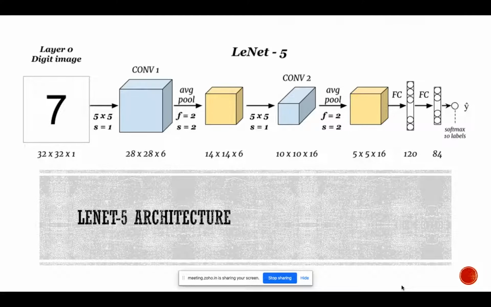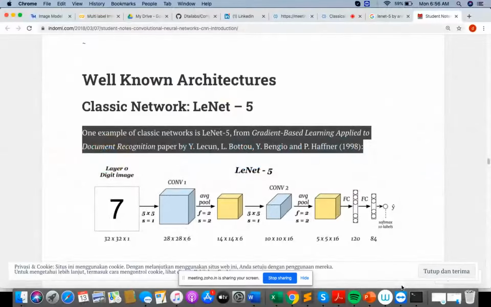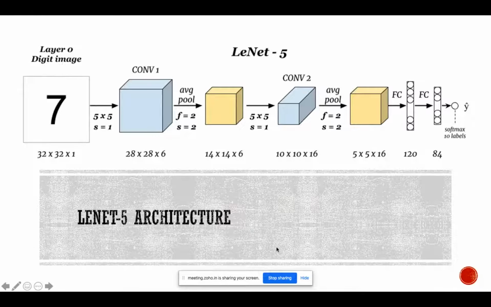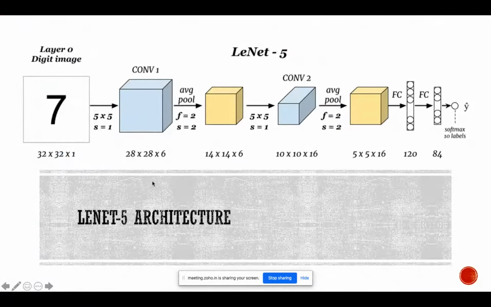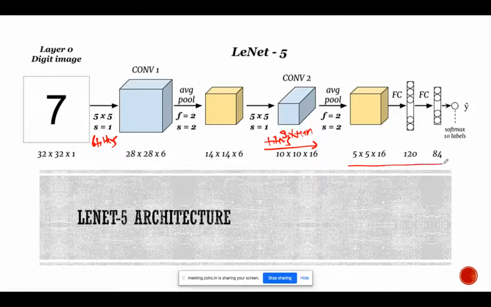So here it is the normal one, and the second time it is average pooling. First is convolution, next is average pooling. Here they used 6 filters. Again they used 16 filters. That's how it goes up.